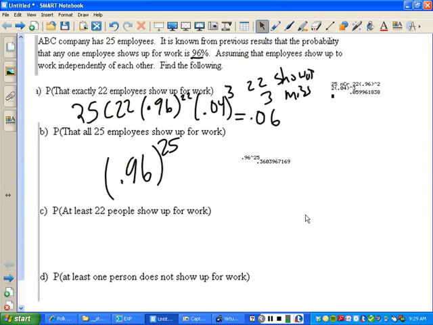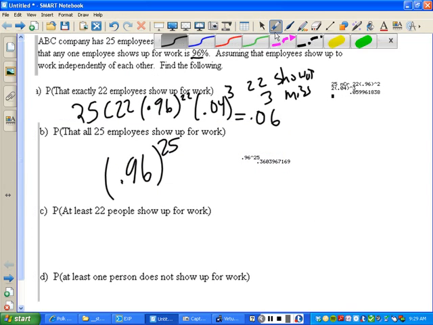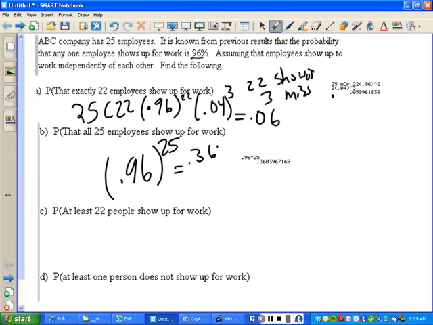You got that? All right. There's a higher percentage chance of everybody showing up than there is of exactly 22 people showing up. Not 22 or more. Exactly 22.